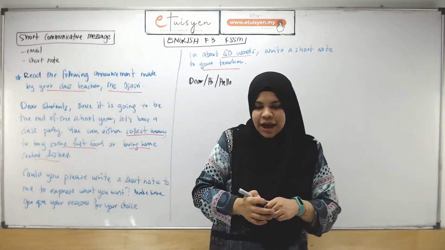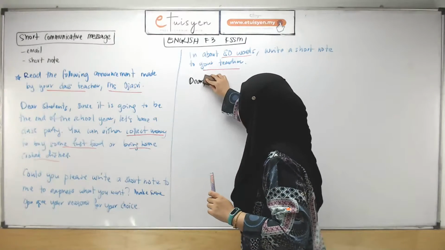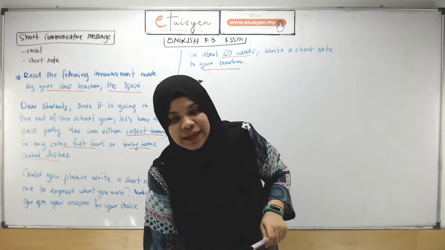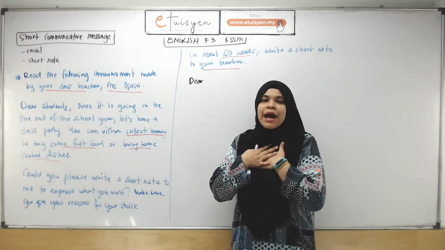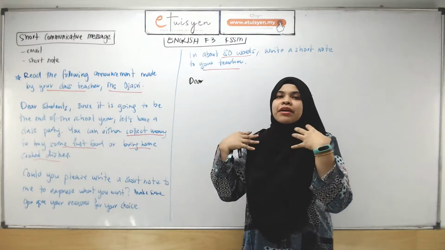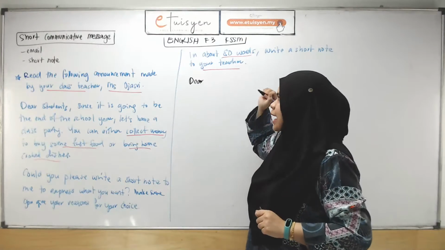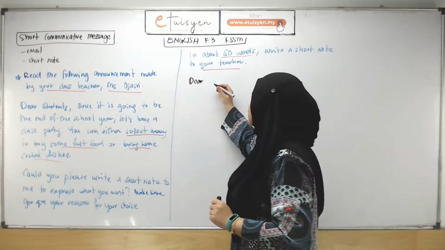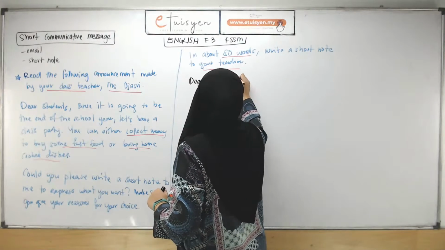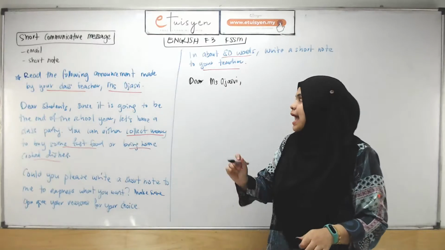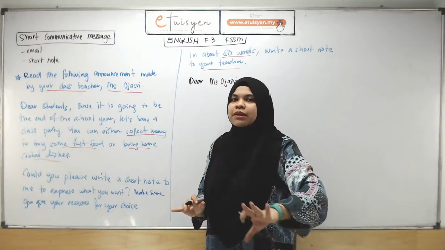But in this case, I'm gonna stick with dear because of the tone, because I'm writing to a teacher. I'm imagining that I'm a student, and I'm gonna write to my teacher. So I'm gonna use dear. Now, I know my teacher's name, so I'm gonna write her name. Dear Miss Ojasvi, comma. So this is how you start. Mesti ada greeting. Short note or email mesti ada greeting.